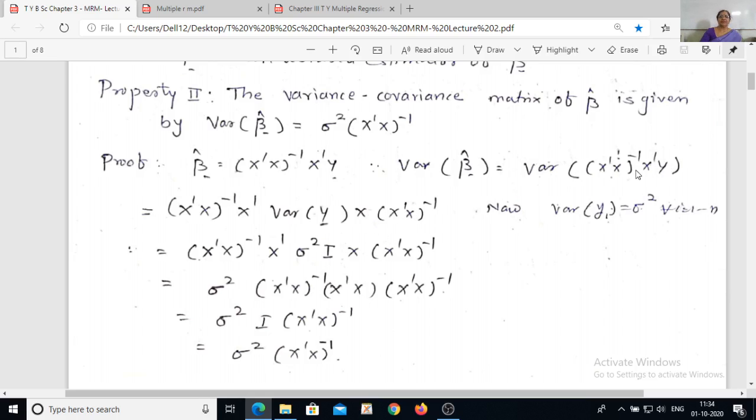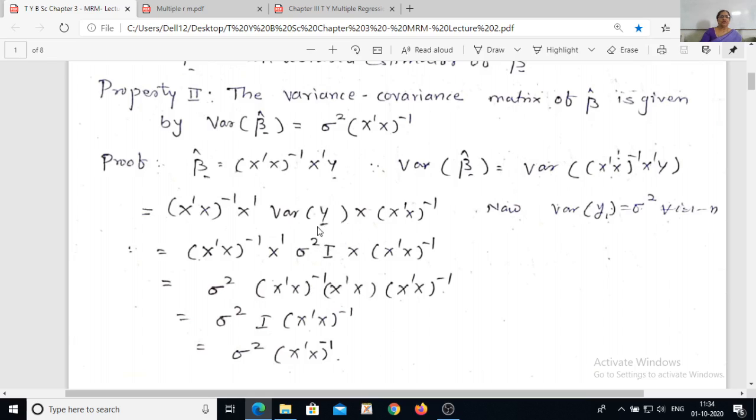X, this X as it is, (X prime X) inverse, and we know that the variance of y is sigma square for all i equal to 1 to n. Therefore I will write the variance of y as sigma square I, where I is the n by n identity matrix. All diagonal elements of the variance of y are sigma square, and the non-diagonal elements are 0.